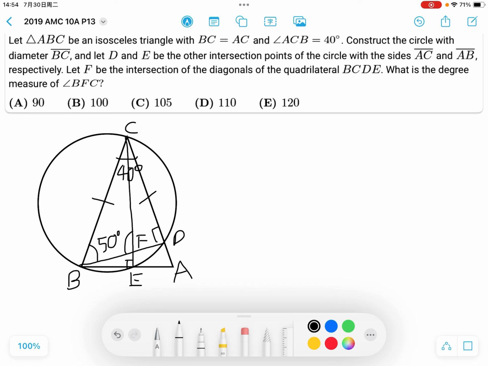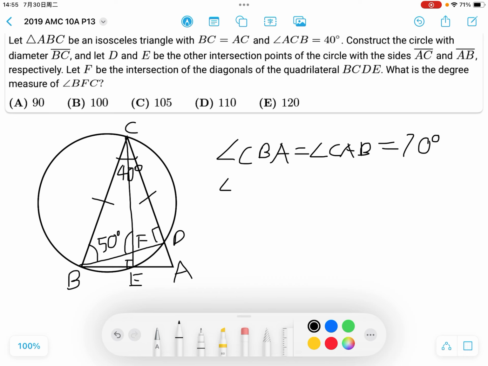And we also know that here angle CBA is equal to angle CAB, which is equal to 70 degrees because CB is equal to CA. So the base angles are equal. And we have the vertex angle to be 40 degrees. So the base angles are 70.